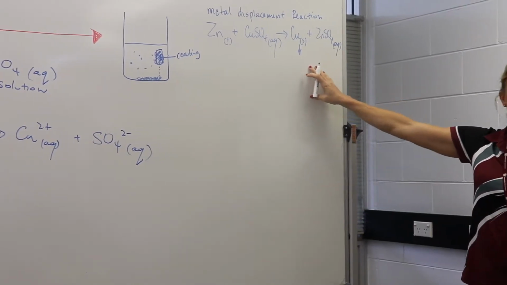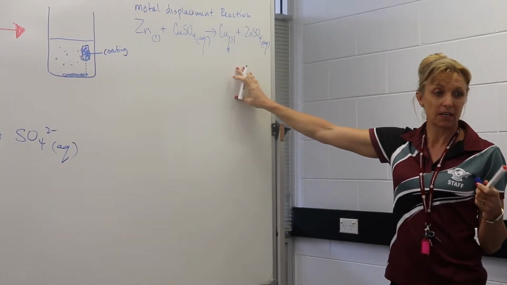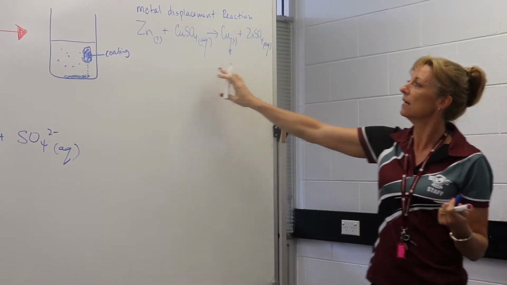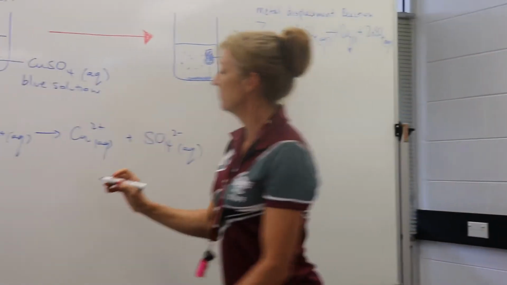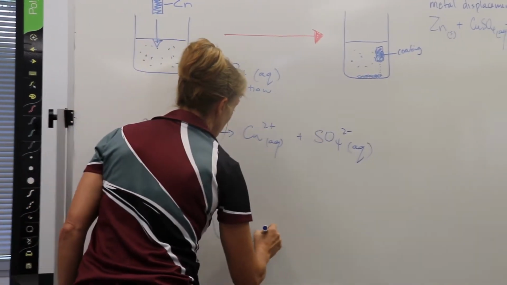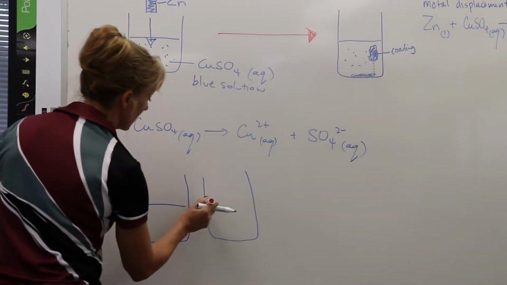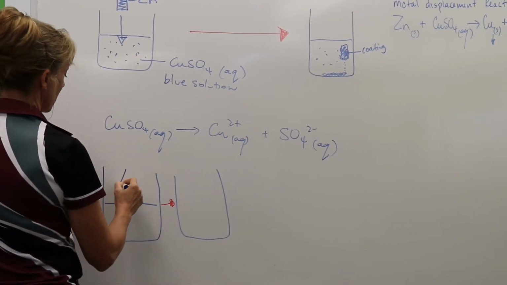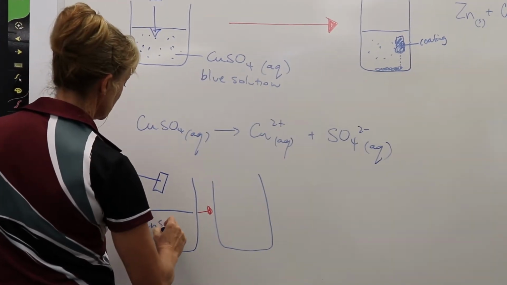And what that proves straight away, and this is what you're going to do with a list of metals this afternoon, is the order of those two. You can straight away say zinc must be more reactive than copper, because when you do the opposite this afternoon, here we have two beakers, only so that I can represent what happens. This time we're going to put a piece of copper into some zinc sulfate solution.